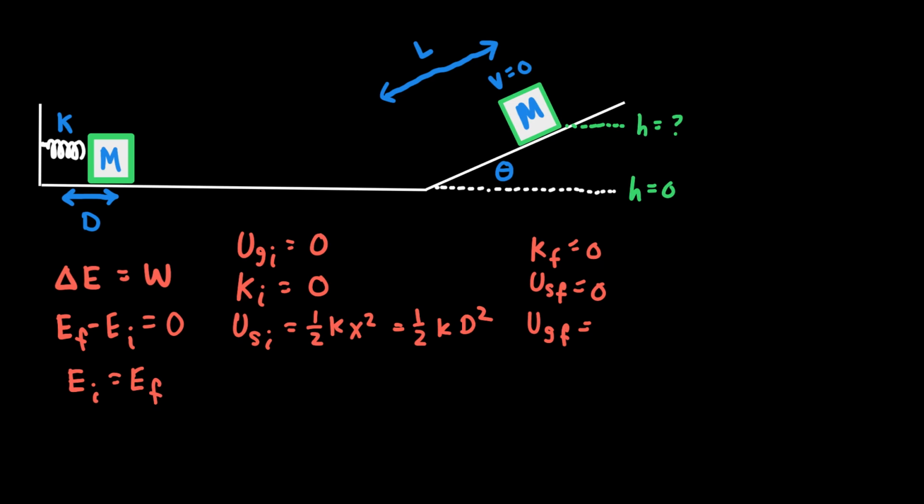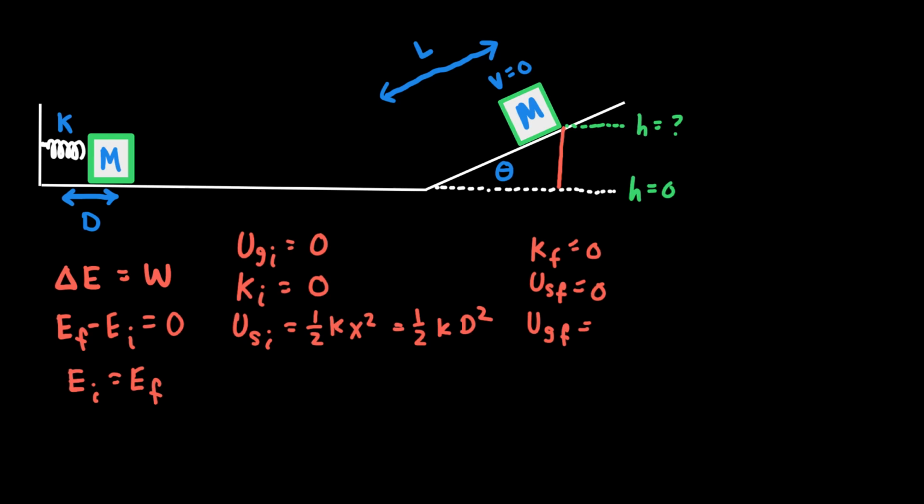If the length that the box traveled along the incline is L, then we could draw a triangle where the hypotenuse is L, and the height of that triangle could be expressed in terms of L and theta. And so the red vertical line that I've drawn is the height that we want.